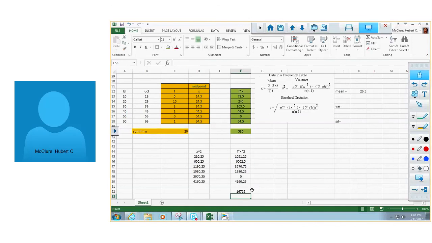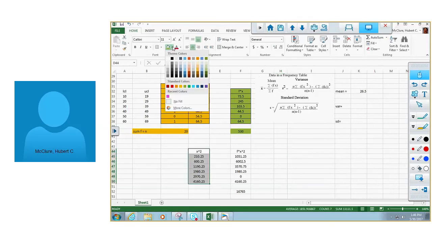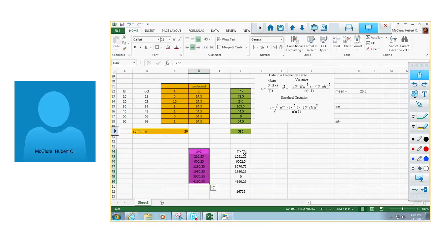Okay, I've got that one. Minus, I got that one. Oh, I'm ready to go now. So I'm going to go right here and we'll call this part 3. We'll just color this that magenta. And that's part 3.